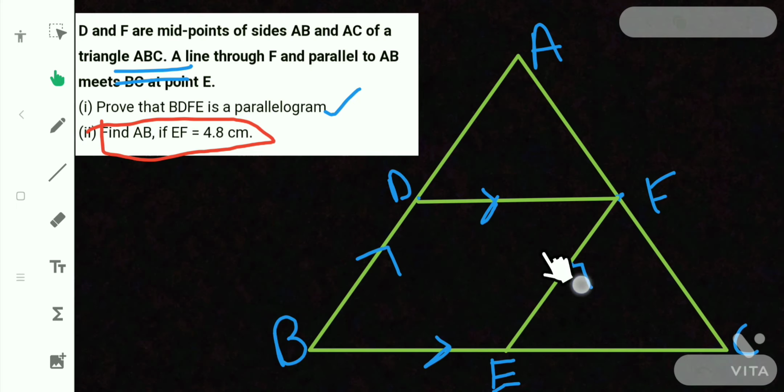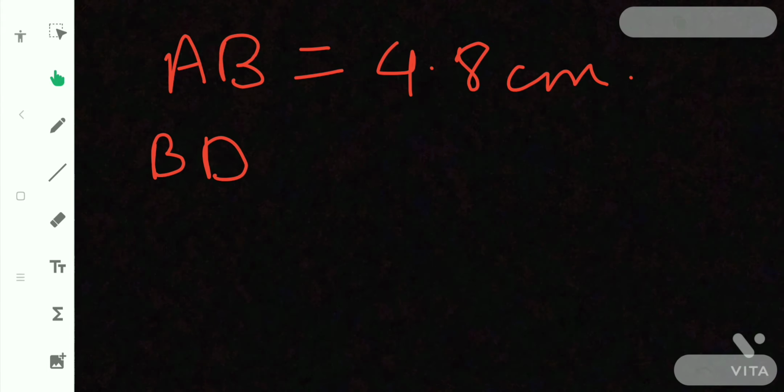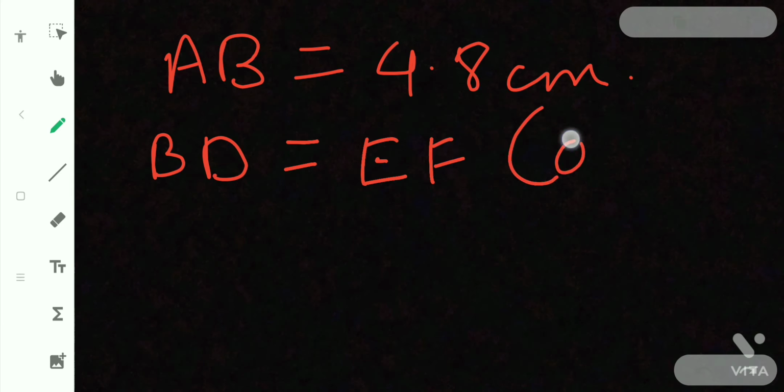So this is a parallelogram we have proved just now. So opposite sides also will be equal. So BD will be equal to EF.